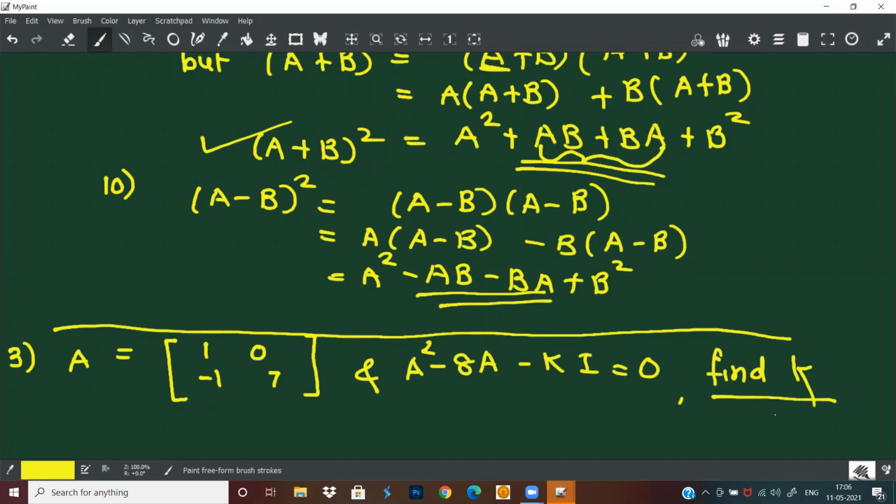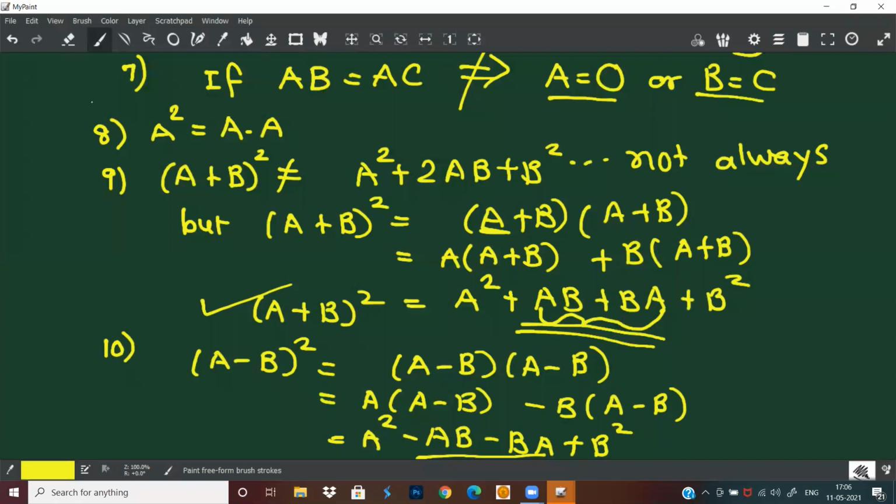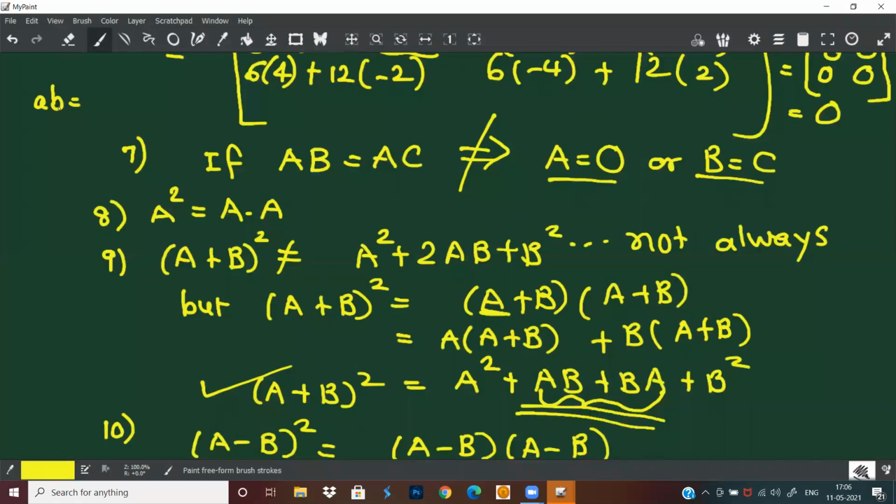नंबर चाहिए श्रेया. I said जैसे हम लोग algebra में कैसे लिखते हैं? A into B is equal to A into C. So we cancel A if A is not 0. Means if A is not 0, then B is equal to C बोलते हैं हम लोग. या A 0 है तो 0 into B is equal to 0 to C. मतलब एक possibility होती है A is 0 और second possibility होती है B is equal to C, which is not the case in matrices.